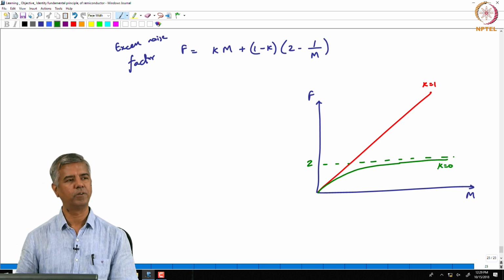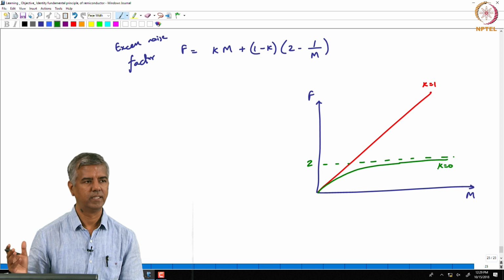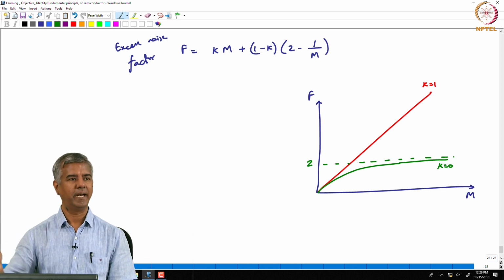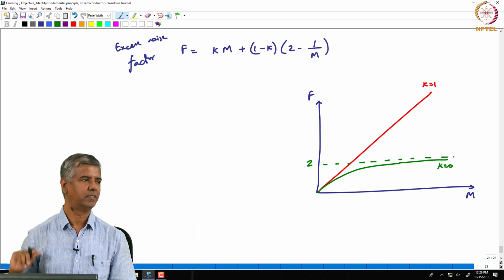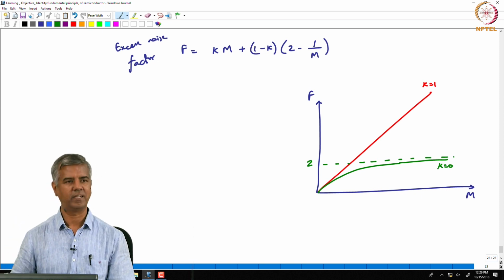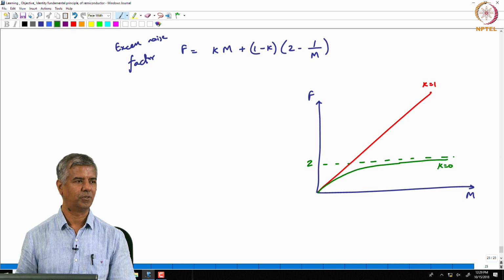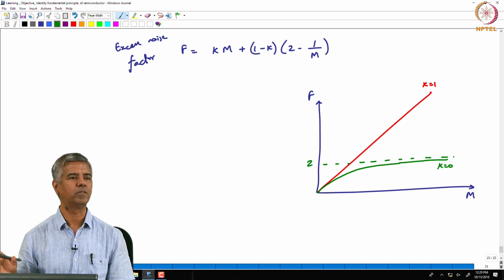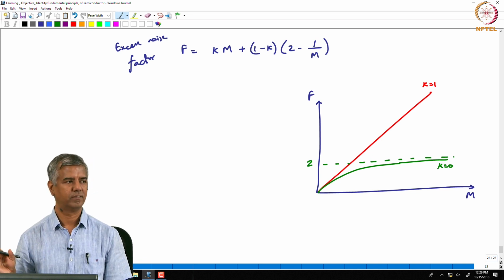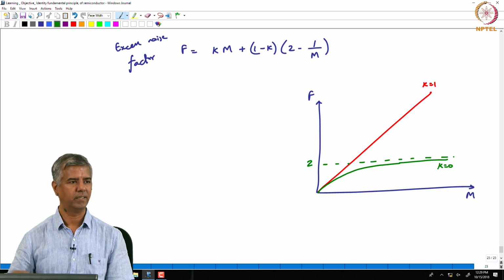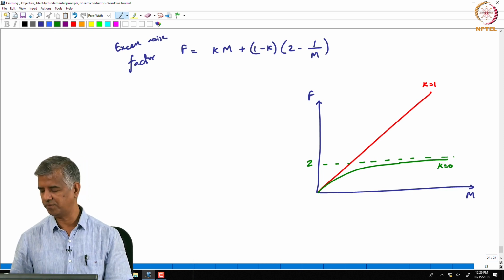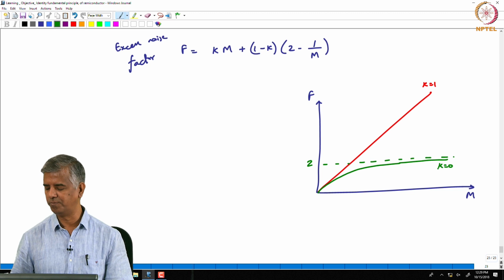So, which one would you prefer now? Here then you are getting gain, but you are also accumulating noise, right, as rapidly as you get gain. So, overall you are not improving the signal to noise ratio, right. Whereas, in the other case, when k equal to 0, it essentially levels off beyond initial values of m.